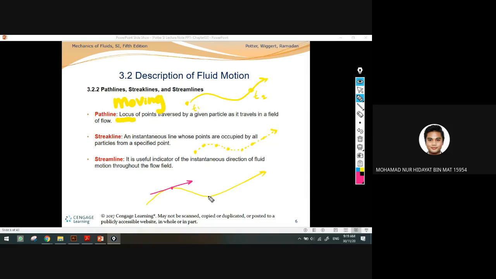At time of 4, this instantaneous direction is like this, and this one would be like this. So this is the instantaneous direction of fluid motion. We call it the streamline.